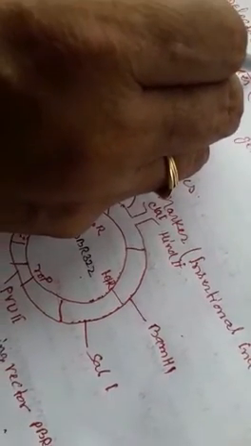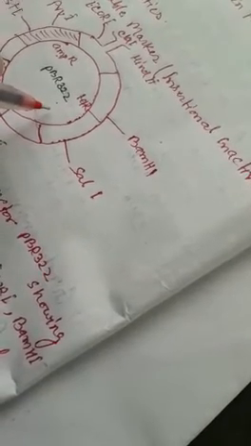Genes encoding resistance to antibiotics like ampicillin, chloramphenicol, tetracycline are useful selectable markers for E. coli, that means Escherichia coli.